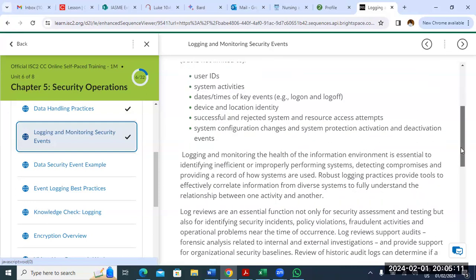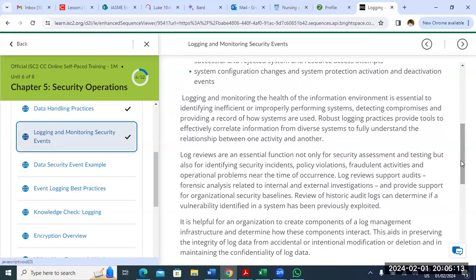So log reviews are an essential function, not only for security assessment and testing, but also for identifying security incidents, policy violation, fraud activities, operational problems near the time of occurrence. Log reviews support audits, forensic analysis related to internal, external investigation, every activity, anything you can talk of.